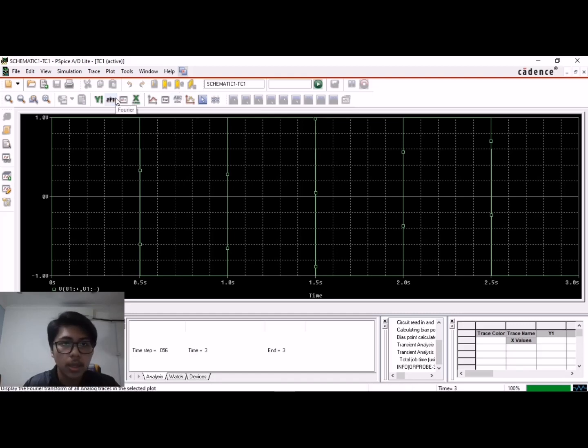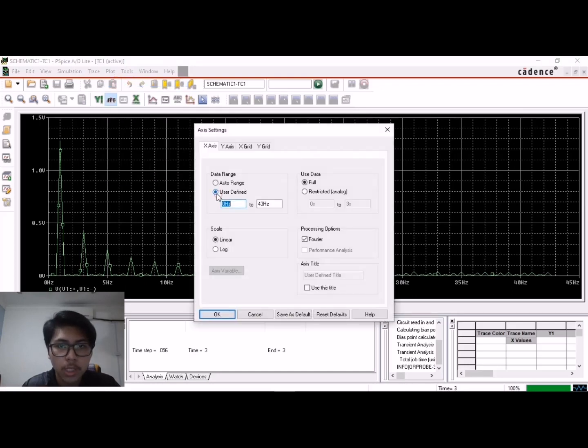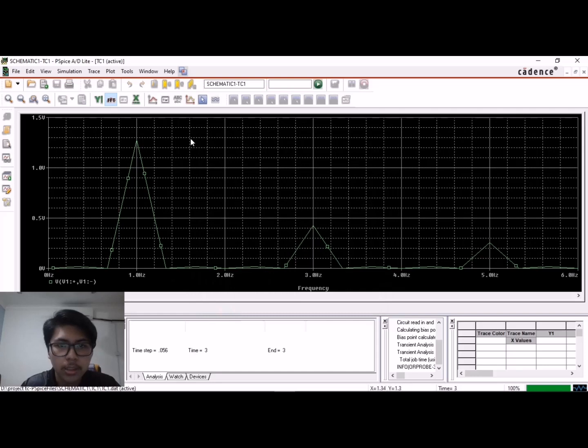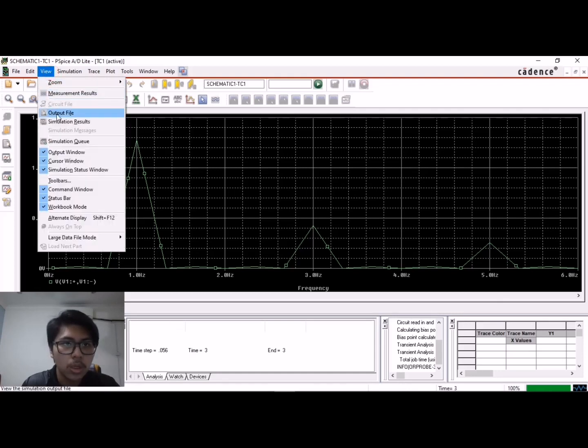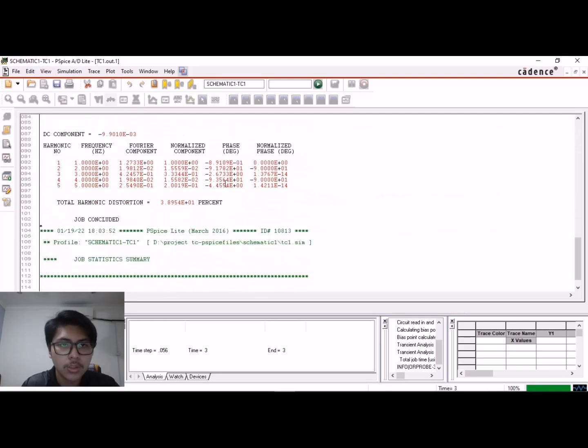Then use Fourier transform FFT. Then you can adjust it to get a clearer result. Let me set it to 6 Hz. Right, this is the value in Fourier transform. To get the table, just click View and click Output File. So it will show you the input value V1 for your circuit.